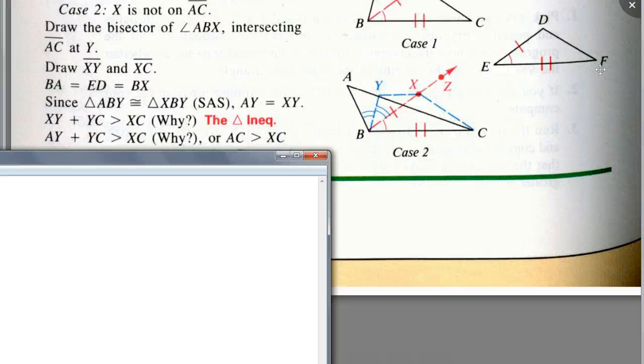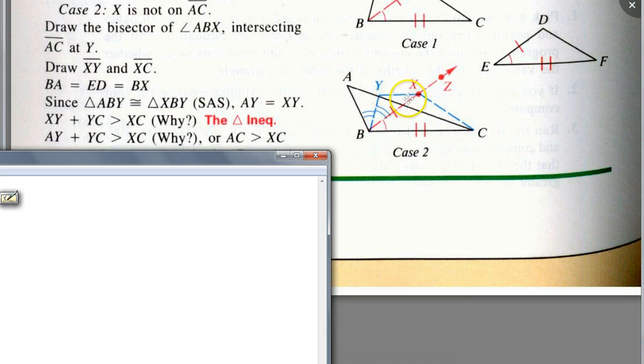So, Iveta, were you able to figure out what we could do next? We know that AC is greater than XC, but that's not what we wanted to prove, right? What can we do next so that we get to prove what we wanted to prove? We said that AY is congruent to YX.